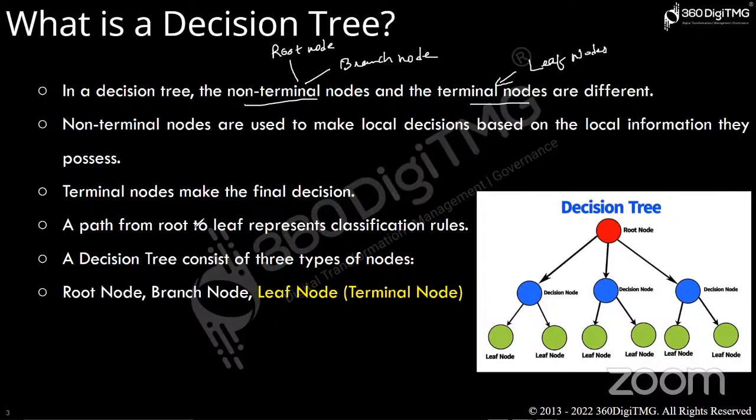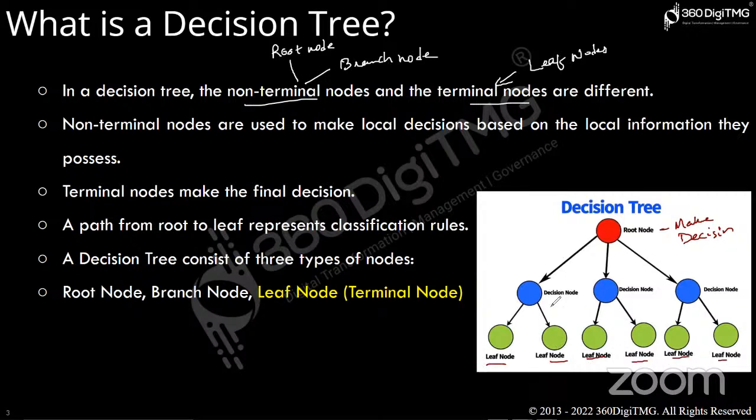These non-terminal nodes are used to make local decisions based on the local information they possess. So each of these nodes is used to make some decisions. So in each node, some decision is made except the leaf nodes.